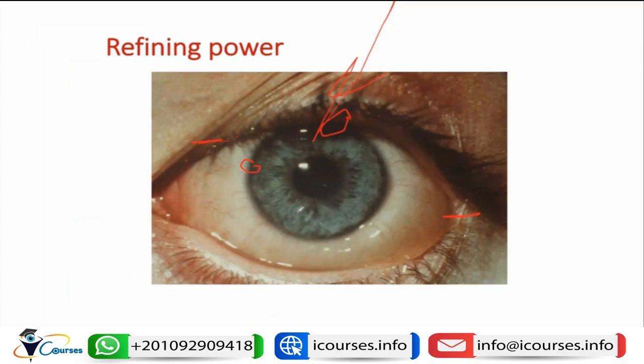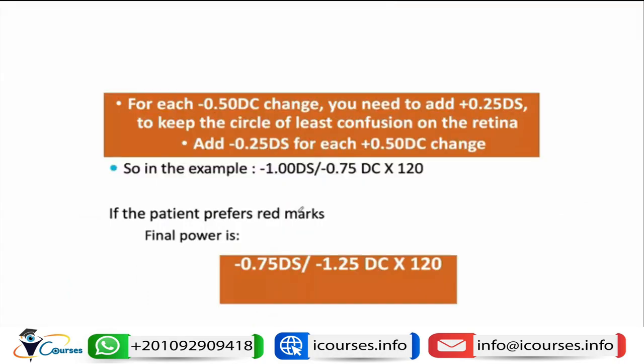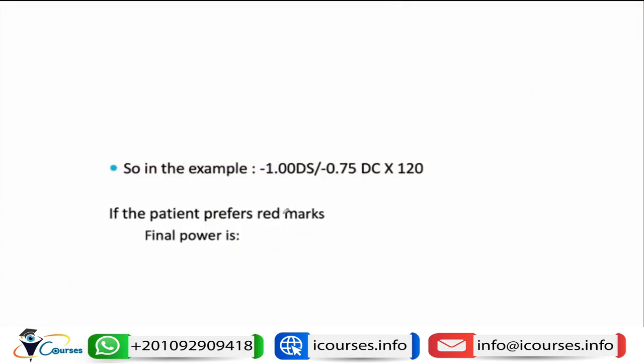So now we adjust the cylinder. For example, let's say that the patient has -1 diopter sphere and -0.75 diopter cylinder at axis 120, and the patient prefers the red mark. What will be the final refraction of the patient?